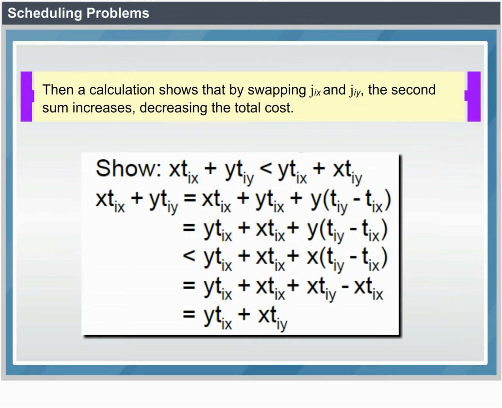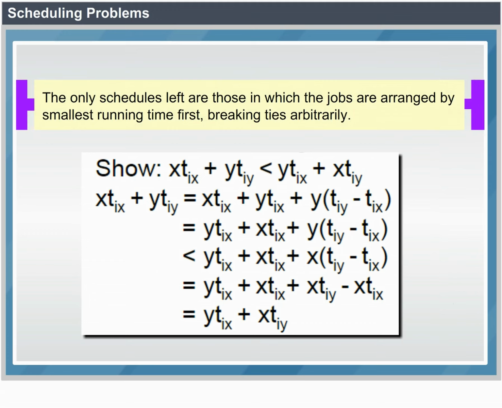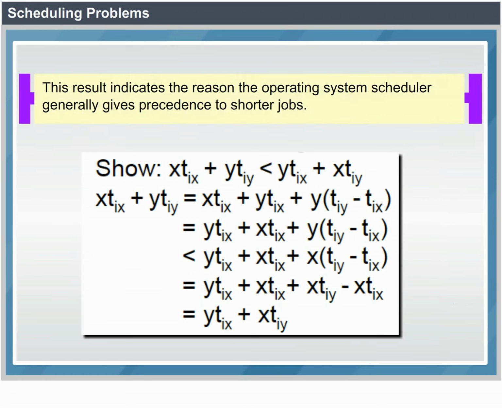Thus, any schedule of jobs in which the times are not monotonically non-decreasing must be suboptimal. The only schedules left are those in which the jobs are arranged by smallest running time first, breaking ties arbitrarily. This result indicates the reason the operating system scheduler generally gives precedence to shorter jobs.